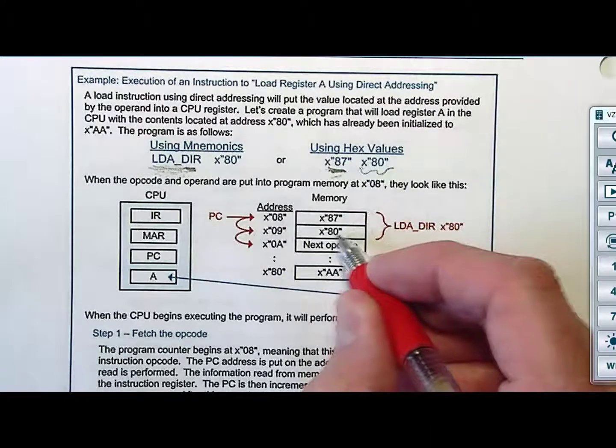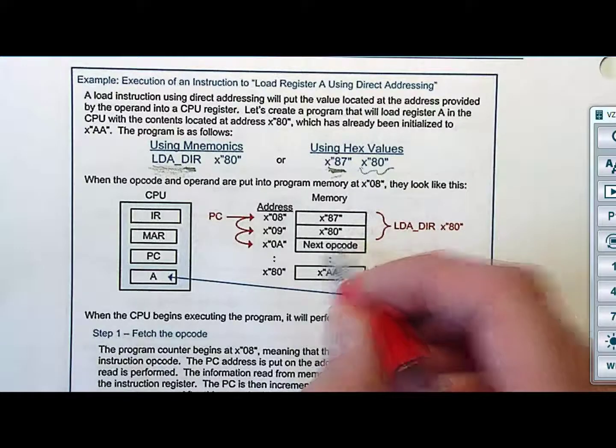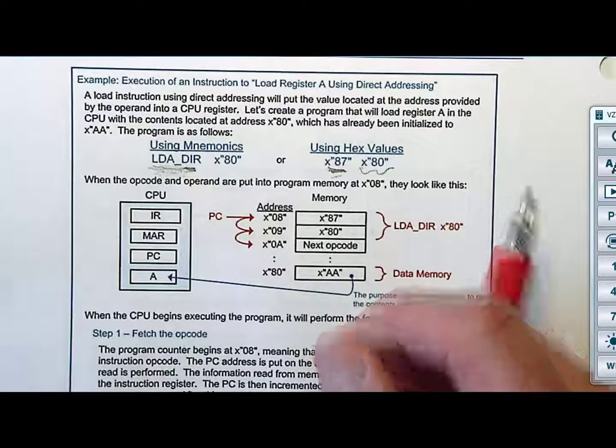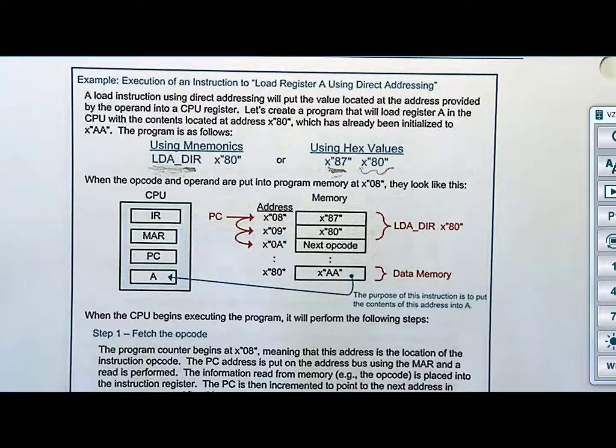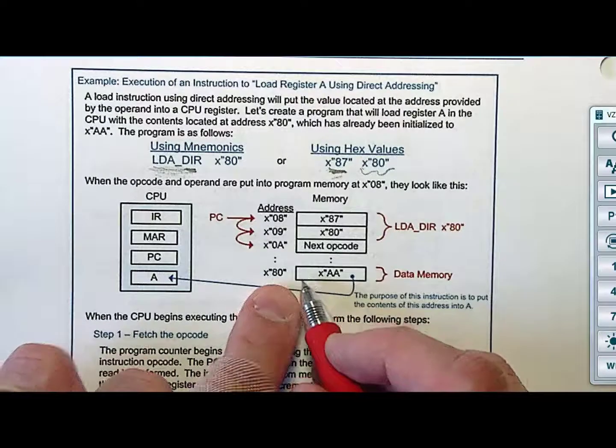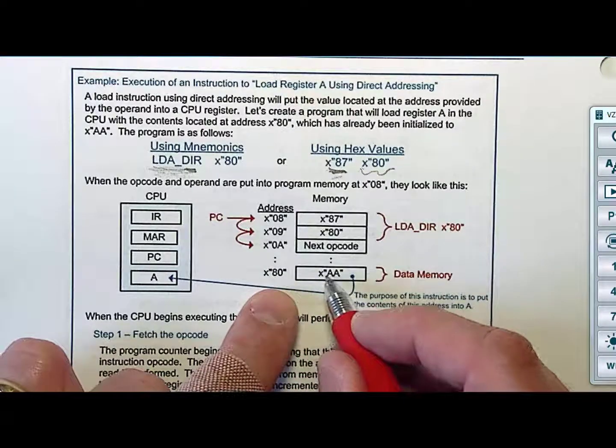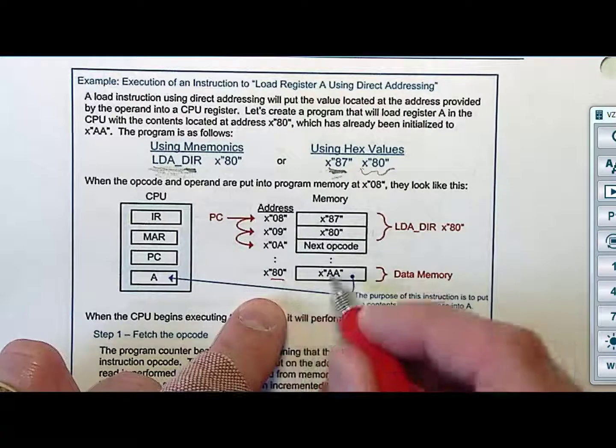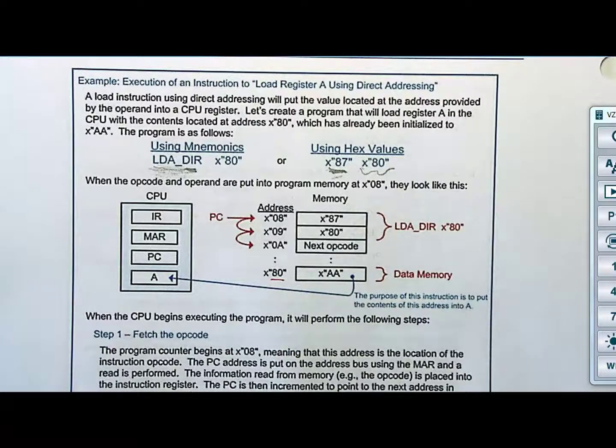Right after it, we're going to put the operand, which is 80, and then after that, who knows what's there. If we're going to go load information from 80, let's put some information in it. So down in memory, somewhere else, I am going to initialize 80 to be AA. So it's there. This is what we start with.